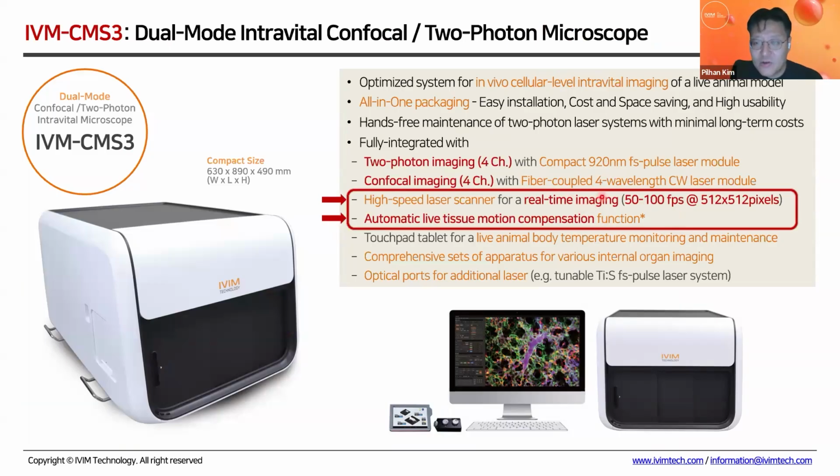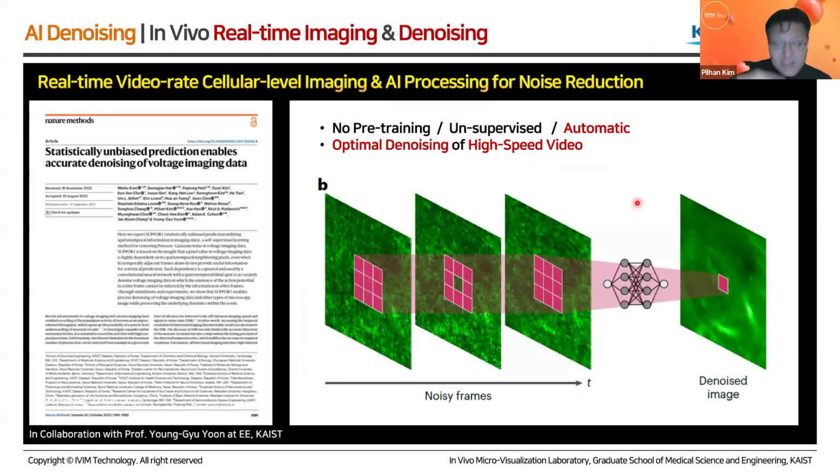Okay, and then I would like to highlight another thing. As I told you, we are capable of real-time imaging with a speed of at least 50 frames per second. So basically we can record this high-speed video from the live animal model. Recently, about 2 years ago, in 2023, we published a paper about a novel AI denoising algorithm, which is very much optimized for high-speed video, so as not to lose the temporal resolution from these high-resolution microscopic videos.